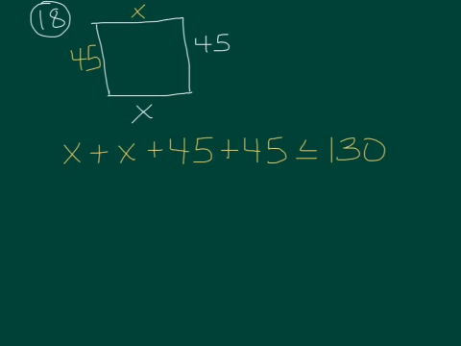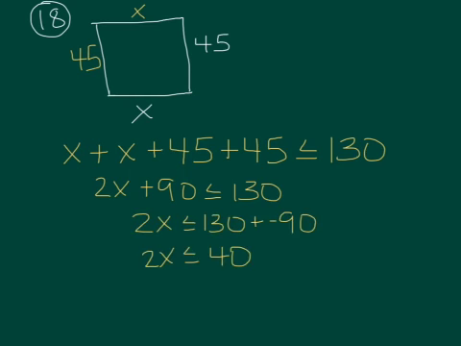So my inequality looks like this. x plus 45 plus 45 has to be less than or equal to 130. Then I'll solve the inequality. So I simplified first and added my like terms. So I've got 2x plus 90 is less than or equal to 130. Now I'll move my like terms together.